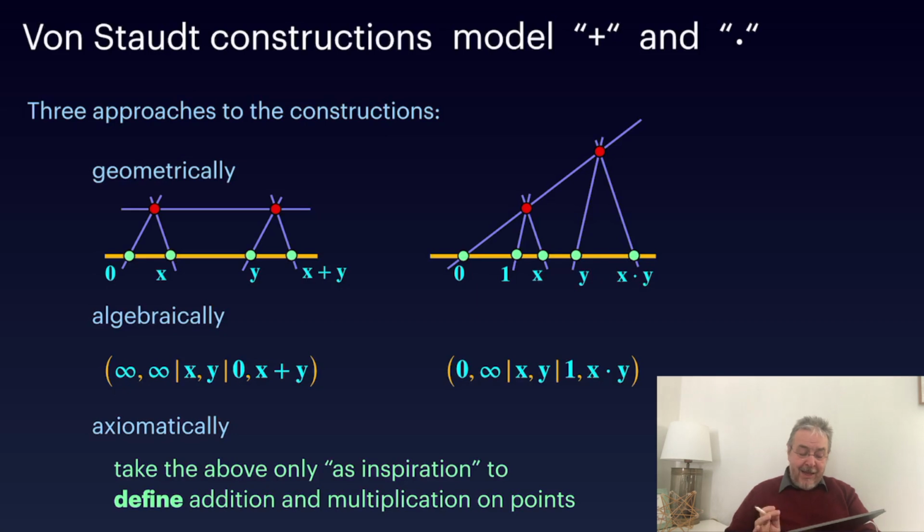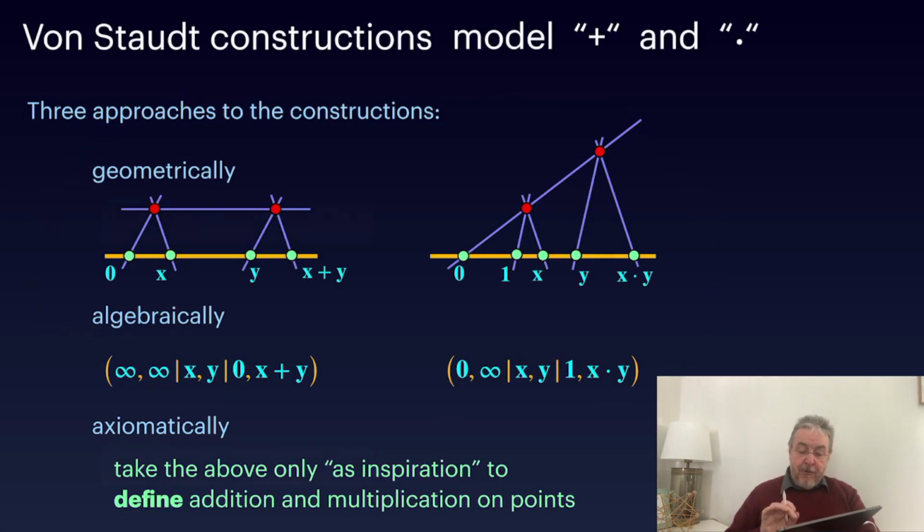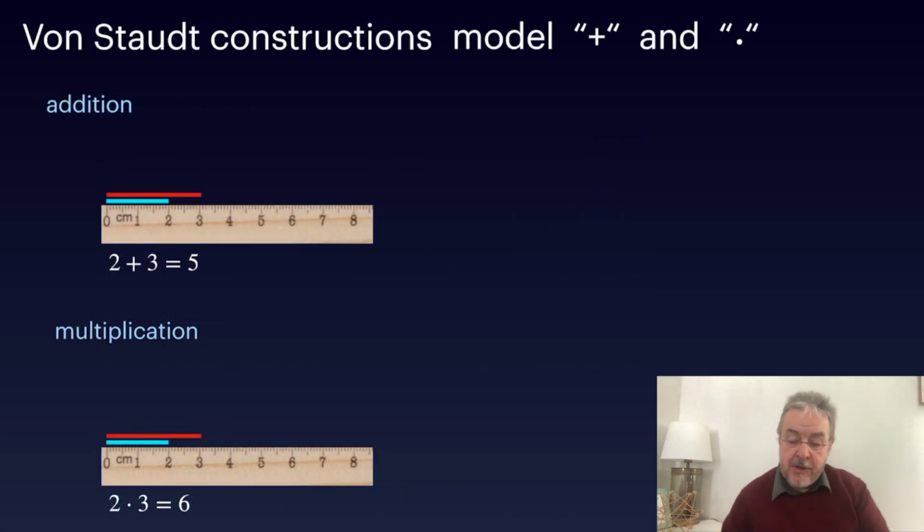The idea is to just take what we have here as a kind of inspiration to define addition and multiplication in purely geometric terms, and by that discover a field structure within projective geometry. So let us now first focus on the von Staudt construction, and let me start very, very elementary.